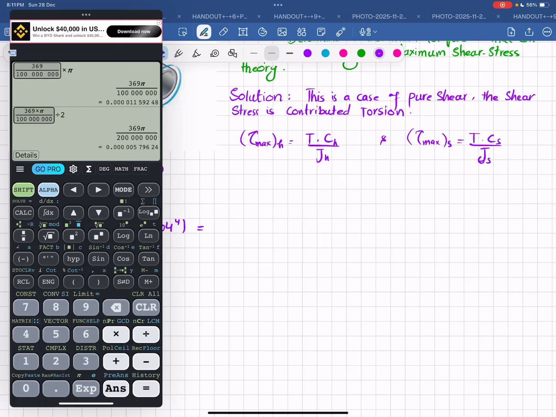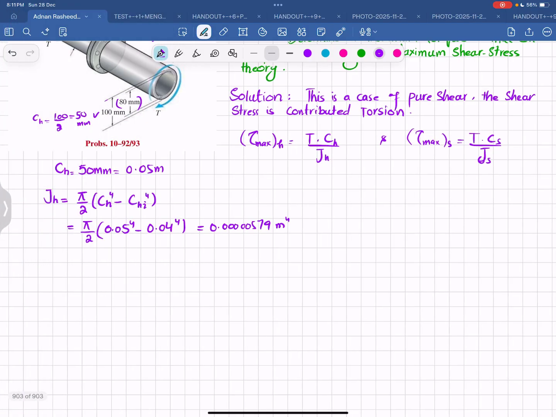You can see that it is 0.00000579, and the unit will be meter power 4. And we can write this Jh is equal to 5.79 times 10 raised to power minus 6 meter power 4.